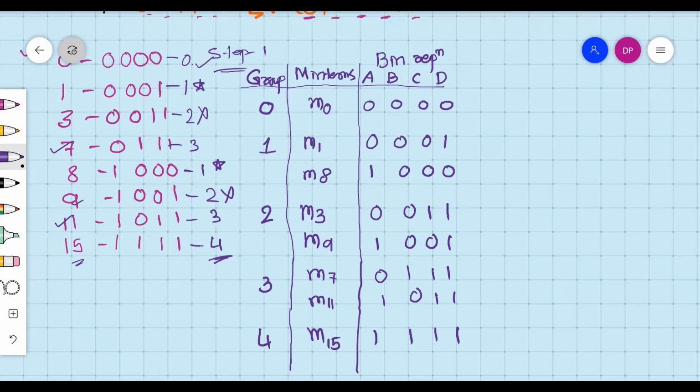So this is the first step you should do: make this table. Understand?